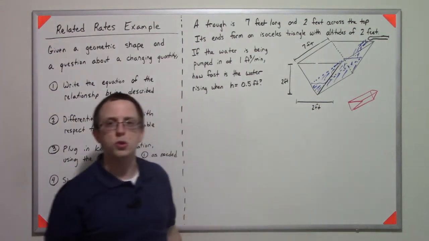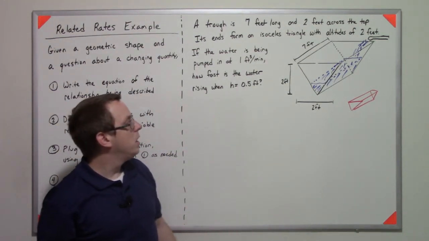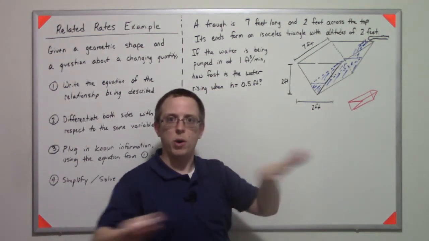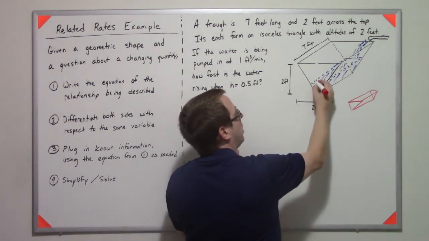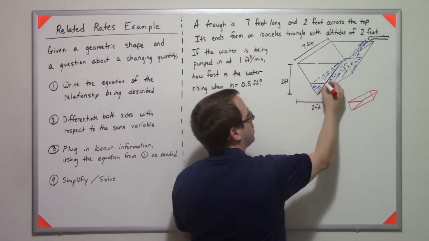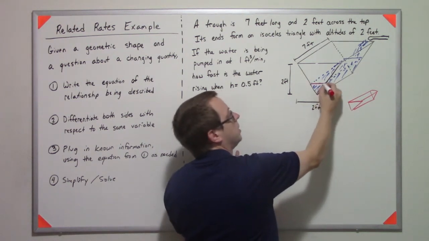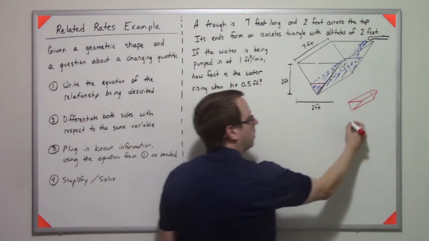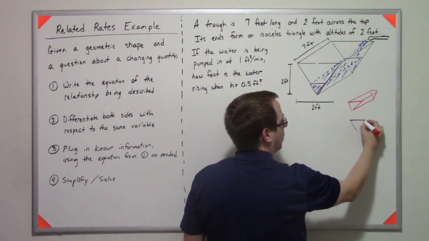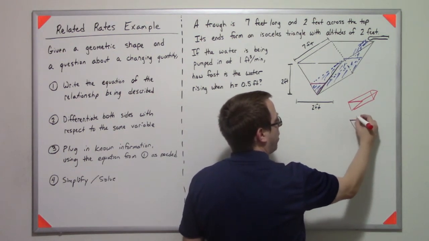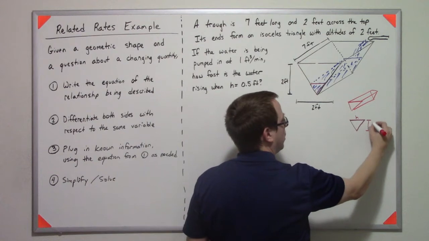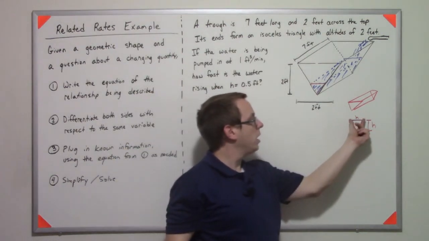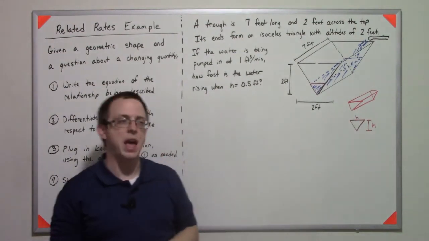It's not drawn super great, but the idea is no matter how high the water is here, no matter what the height is, this triangle is similar to the larger triangle, right? It's going to have an altitude of h, and it's going to have a base width of h.